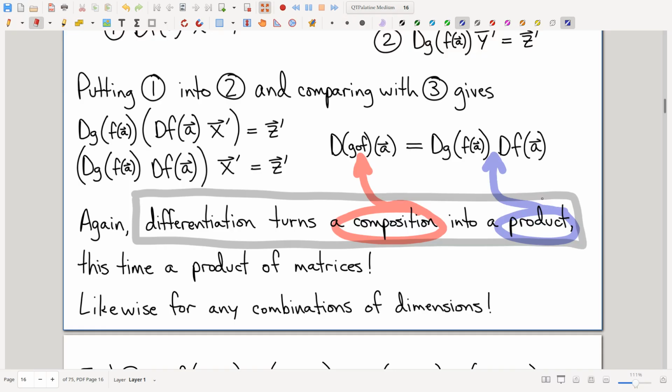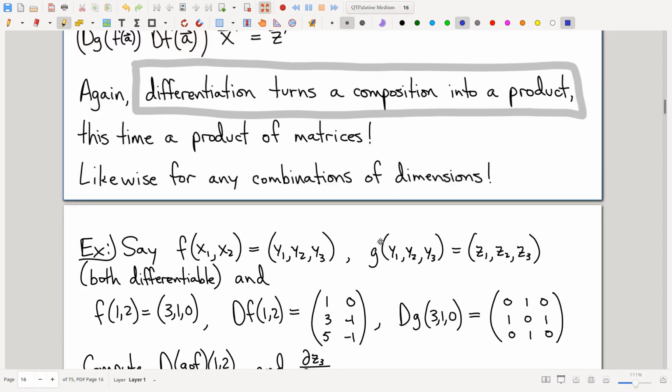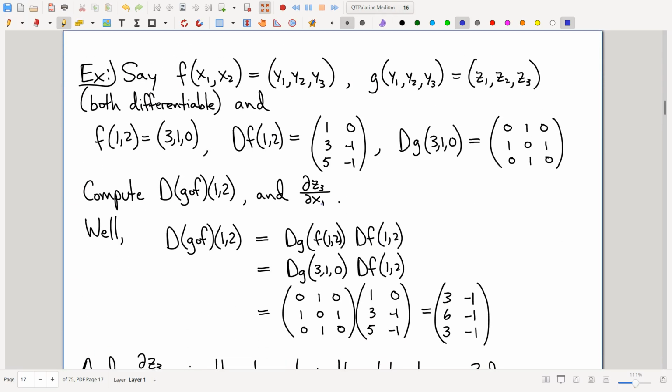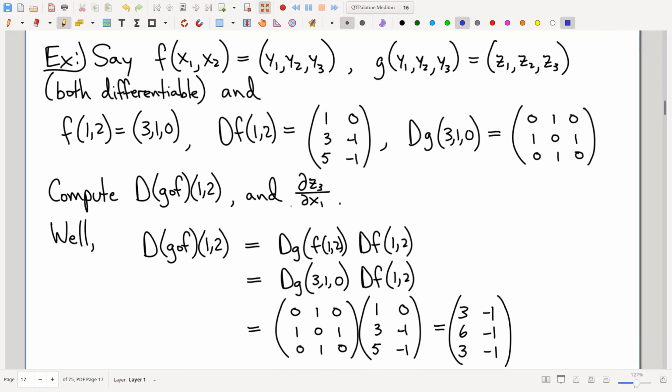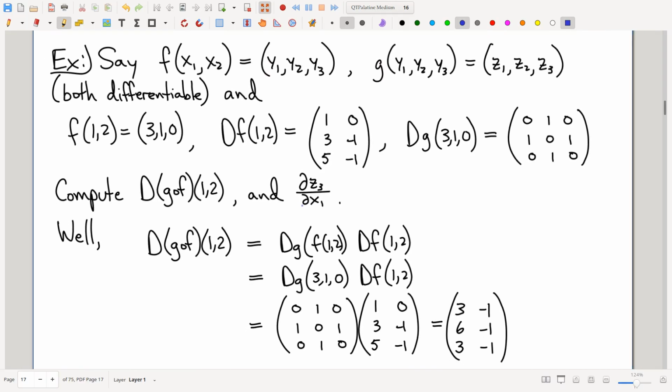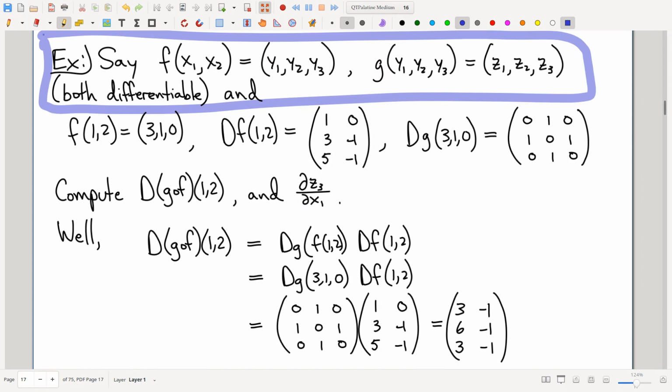Okay, let's do one. Let's get our hands dirty. Here we go. Now I have deliberately not given you the functions. We've got a couple of functions here, f and g. We're going to be composing them. See that what the question is asking is that we look for the derivative of the composition.